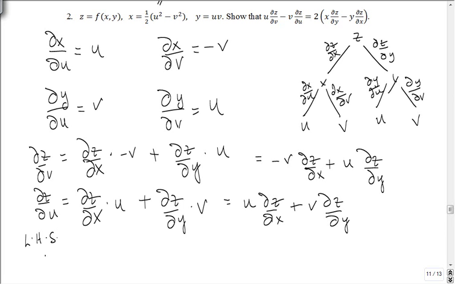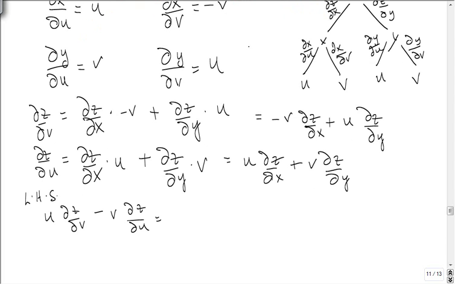So the left side is U partial Z partial V minus V partial Z partial U. I got that from up there, what we want to show. Take what you just found and substitute it.